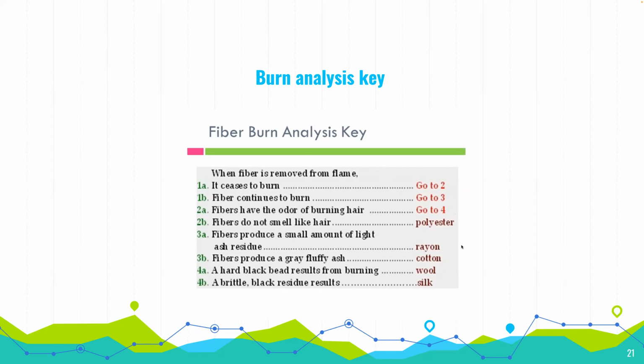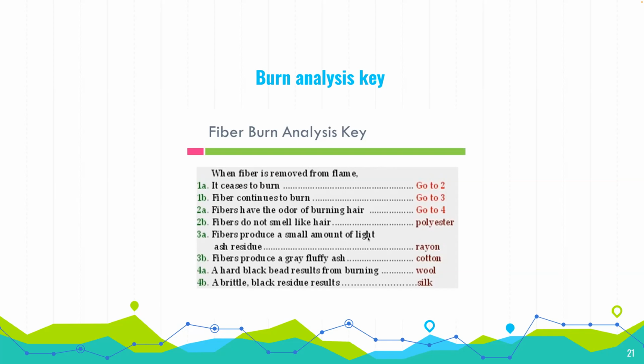Some straight up identifying factors: polyester, which is not on the key, will melt.